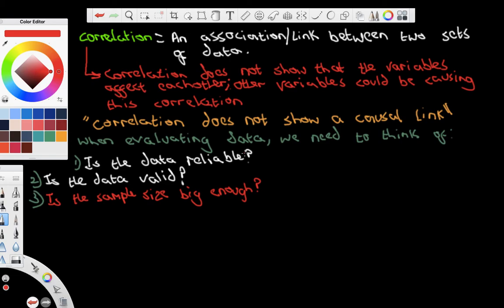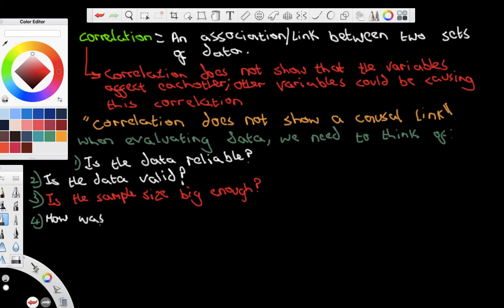Think how many schools there are in our area, and then think how many schools there are in the West Midlands, and think how many schools there are in England. Think how many schools there are in the world. It's not fair to just look at one small group of people and assume that it will be the same for everyone. Okay?